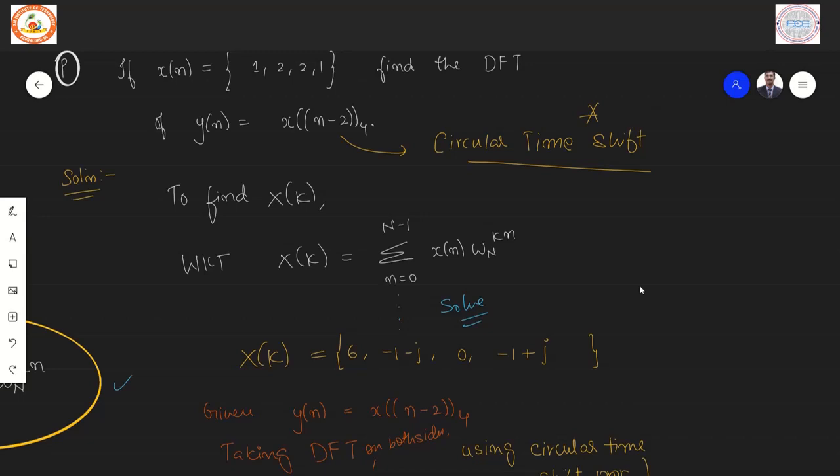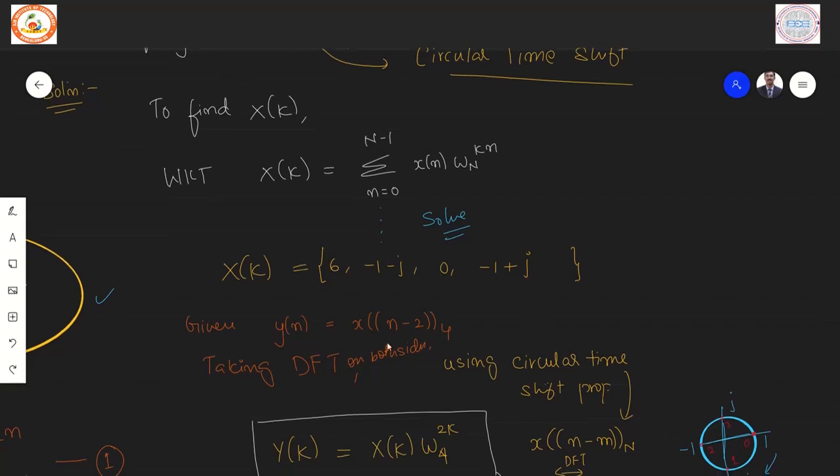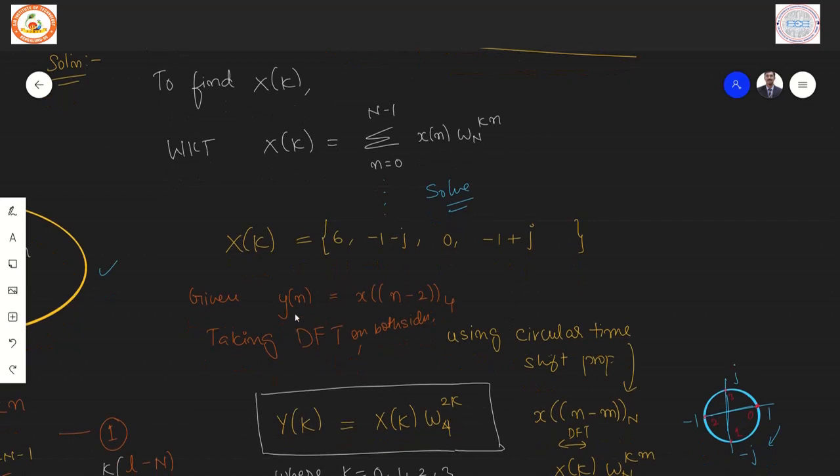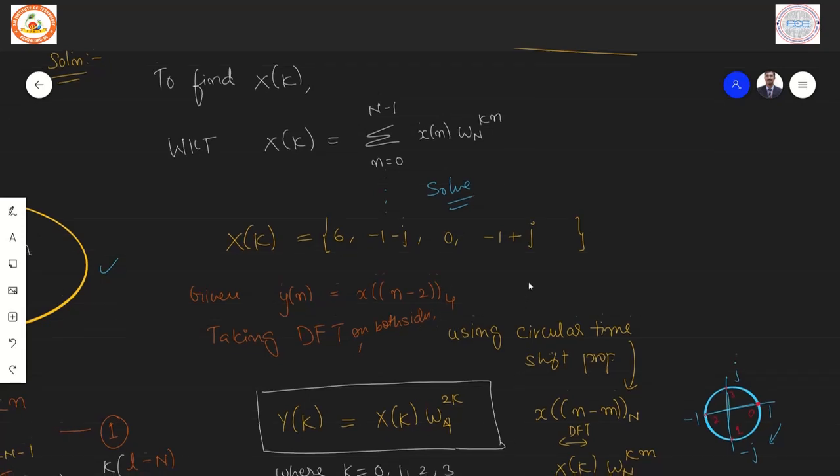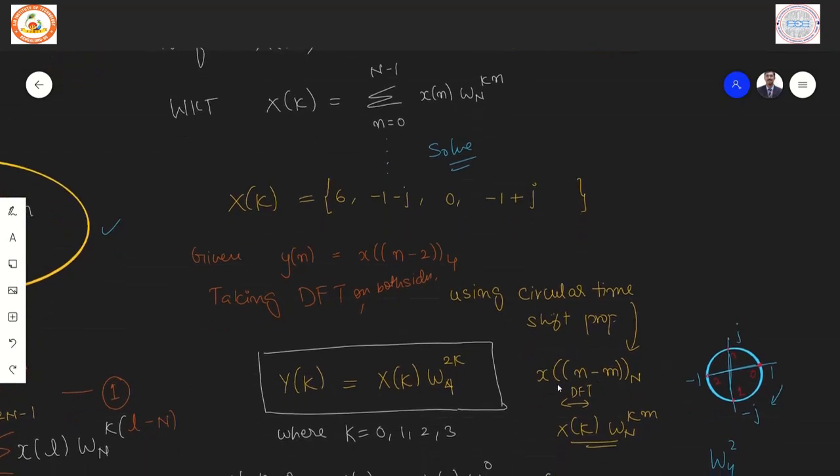Now, since the problem states the relation between y of n and x of n is this, if we apply the DFT on both sides, then y of n's DFT is Y of k, and x of n minus 2 mod 4 is from the circular time shift property. We are aware the property is: the DFT of x of n minus m mod n is X of k times Wn to the power of km.